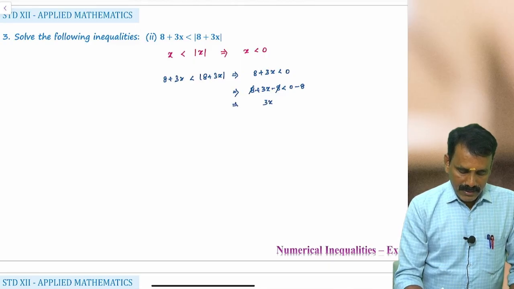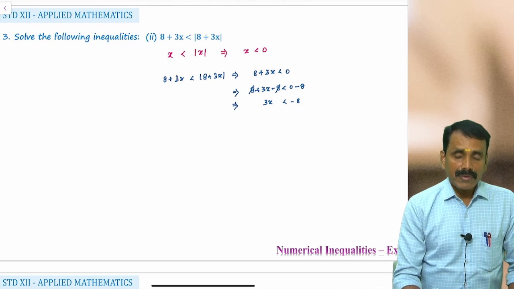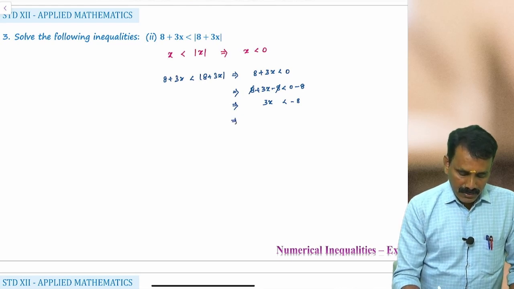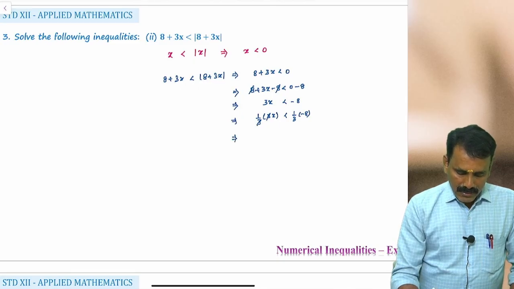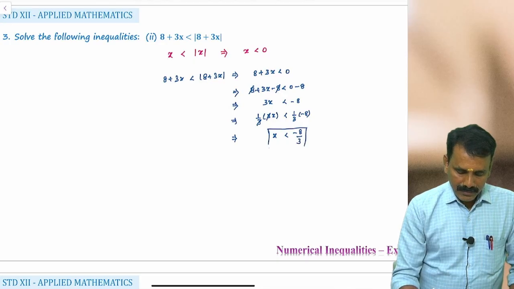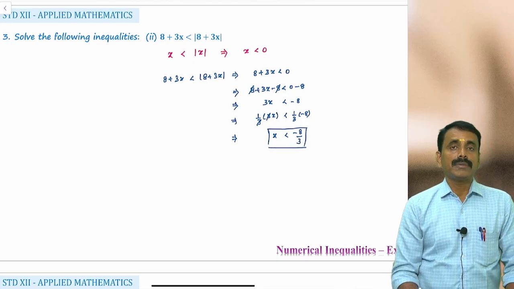So, 3x is less than minus 8. We try to remove 3 which is in multiplication. So, by multiplying 1 by 3 we remove this 3, less than 1 by 3 into minus 8. So, the 3s are cancelled. So, x is less than minus 8 by 3. So, this is the solution set.